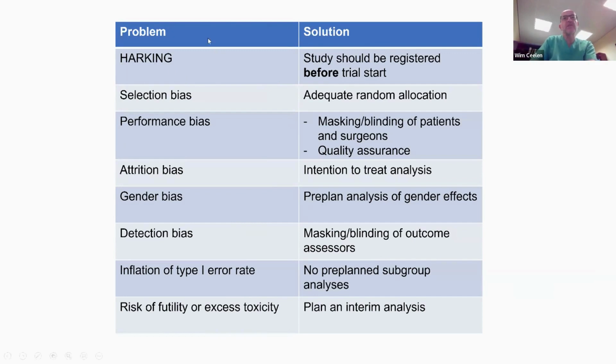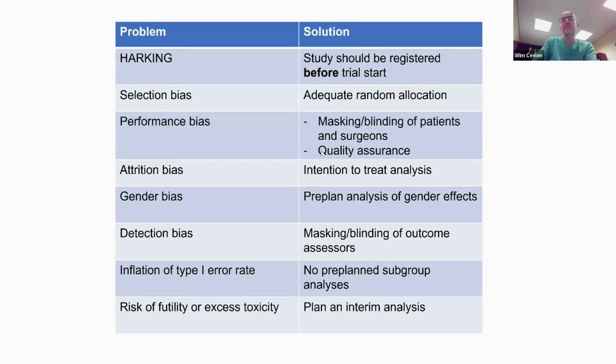And before this pre-trial registration was commonly done, this was really an issue. Selection bias is, of course, avoided by adequate random allocation.